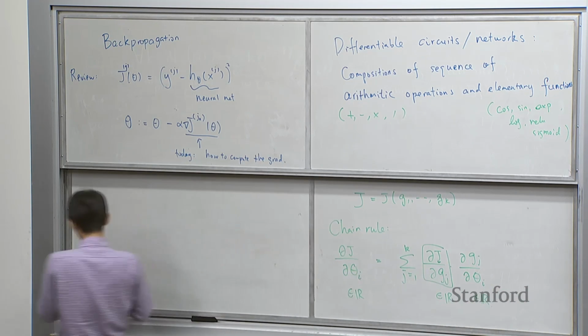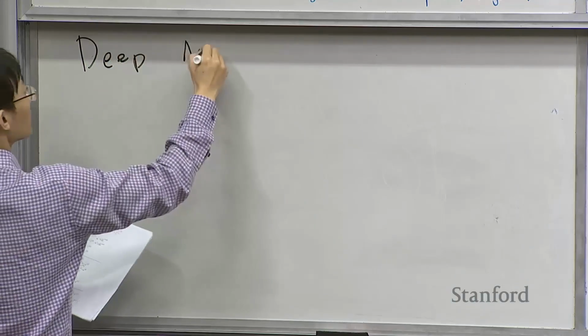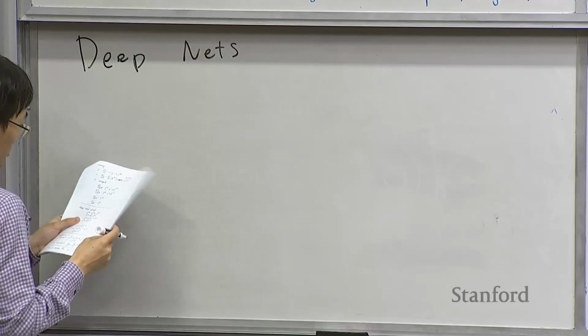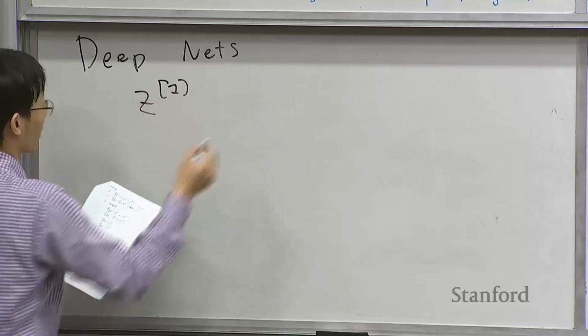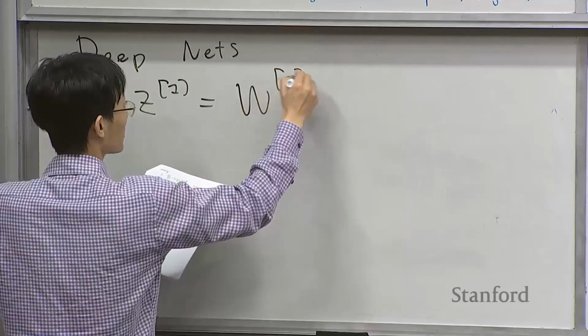Let me first recall the deep networks. Suppose you have multiple layers of networks, using the same notation as last lecture. The first layer is this.